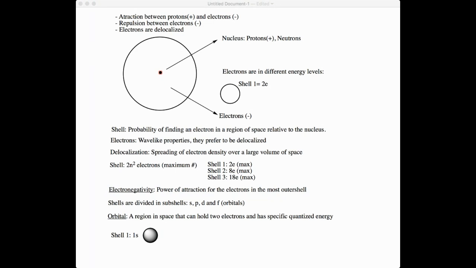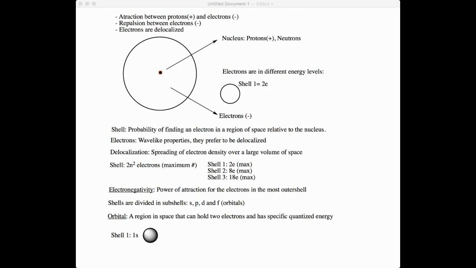There is a lot of science called quantum mechanics behind this. This is the result of plotting some math equations, and that's where the sphere comes from. We can talk a little bit more about that when we go over molecular orbitals, but just to give you a brief explanation so you understand that this shape is not coming out of nowhere. It's coming from plotting math equations from quantum mechanics.